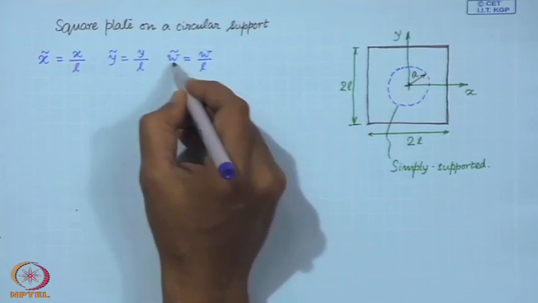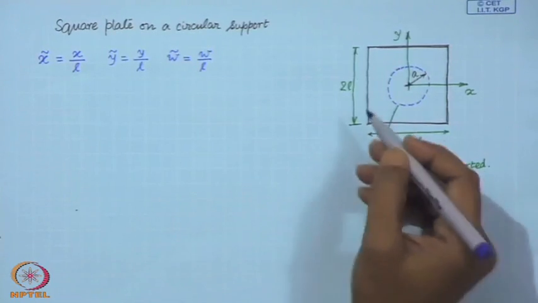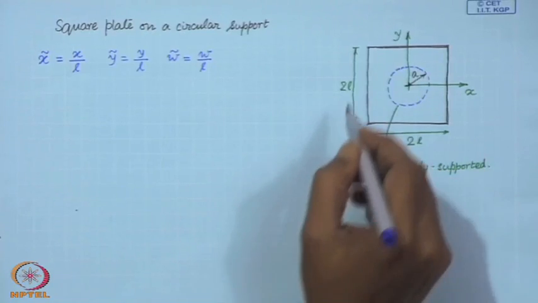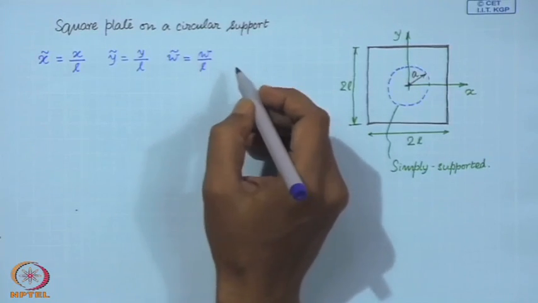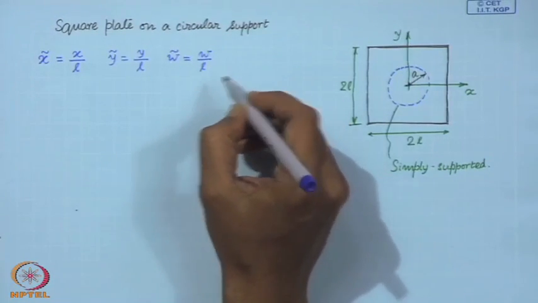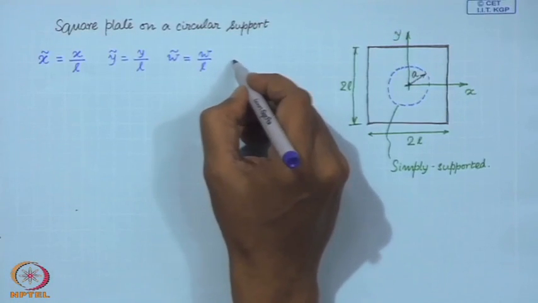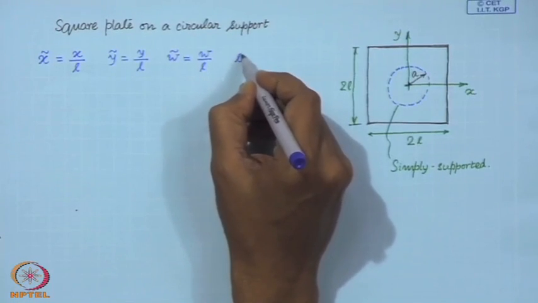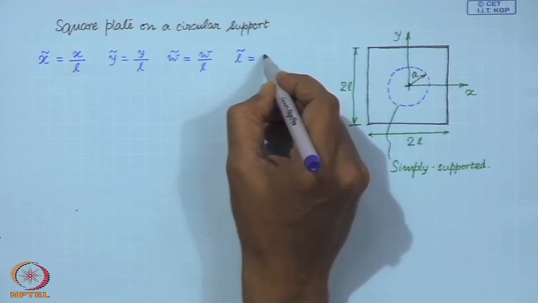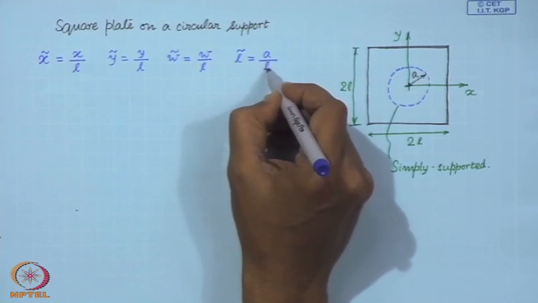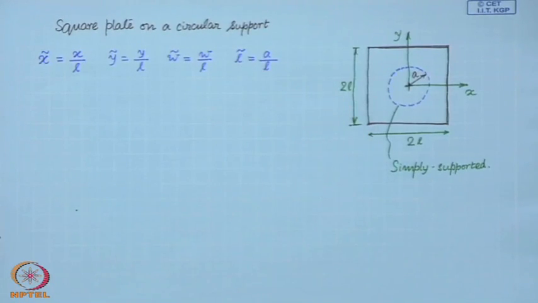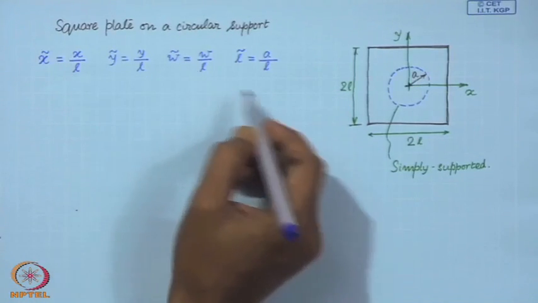Similarly, the field variable w, which tracks the transverse displacement of the neutral plane, is also non-dimensionalized with L, and we define a non-dimensionalized L tilde.